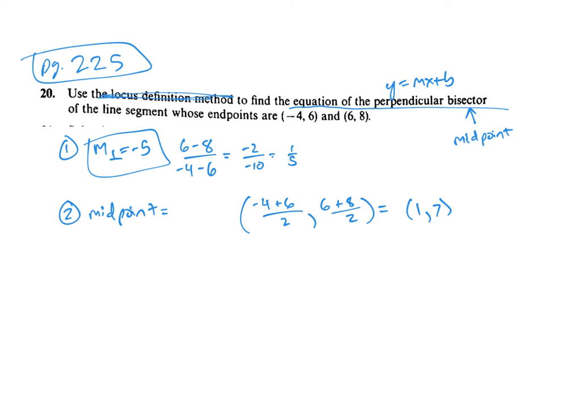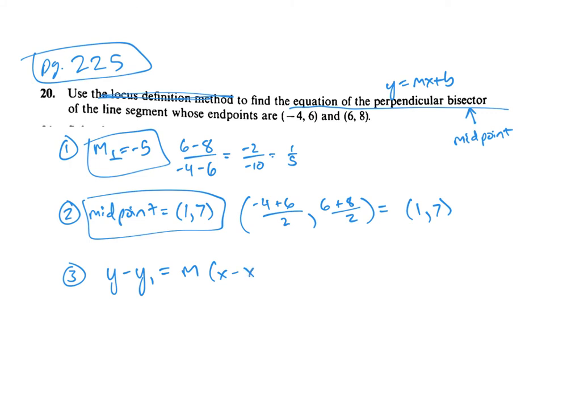So my midpoint is 1, 7. And that'll set me up for my final step, where I'll take the point slope form, plug in the perpendicular slope that I found, and the point that I found for y1 and x1.